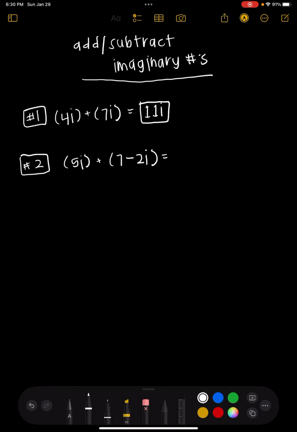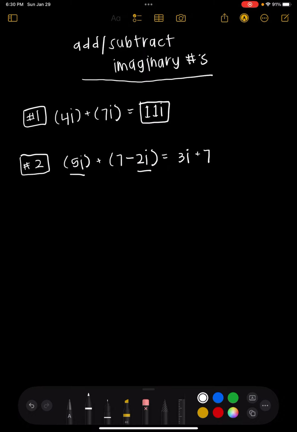So the like terms are the 5i and the negative 2i, which are great. So 5i and negative 2i gives me 3i. And then we have the 7, which doesn't have any like terms because there's no other real parts. So we can just say plus 7. But like I just said, we need to put them in complex number form.